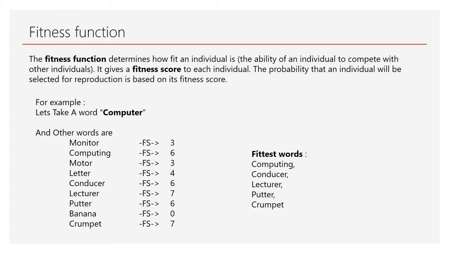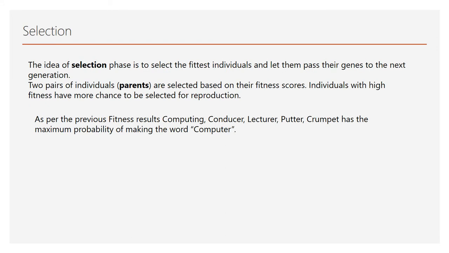But in real cases, it takes thousands and millions of attempts to get near the score. So the selection process is getting the fittest and comparing them to get the word, and it is much faster than going through an actual dictionary.